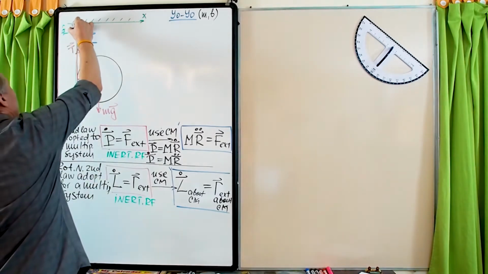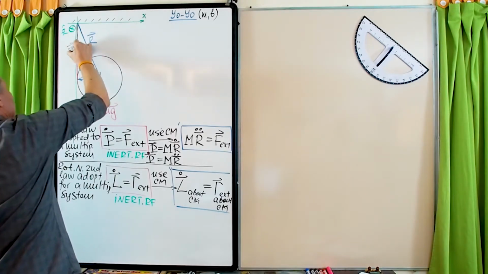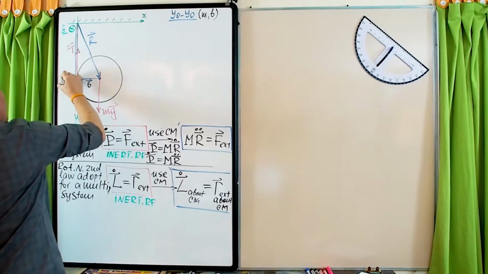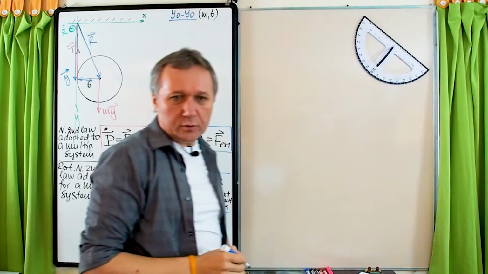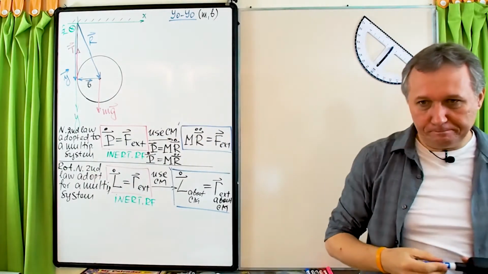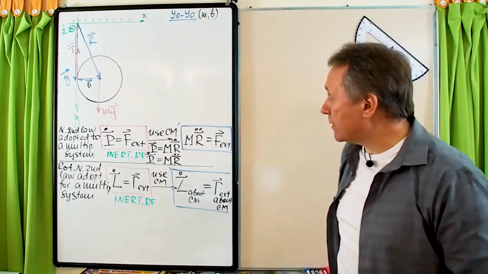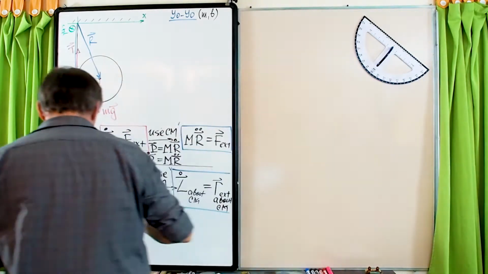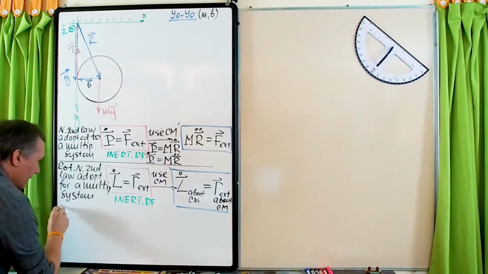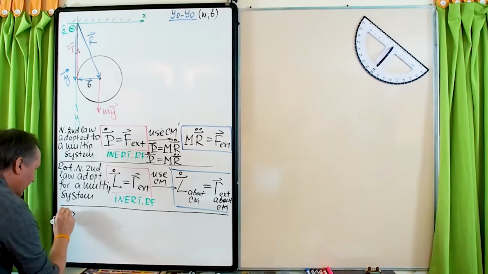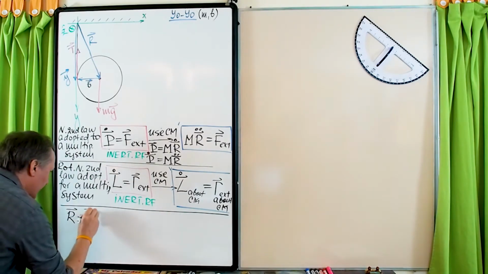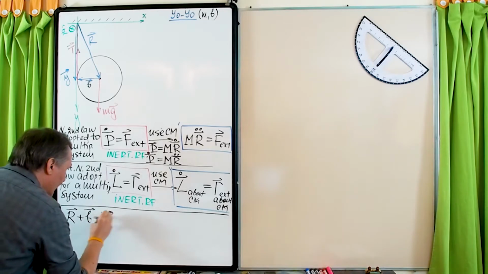And let me introduce also this vector. Let me call it y, since it's along the y direction. So we have a triangle of vectors. Let me separate this. I can write that R plus B equals vector y, right?